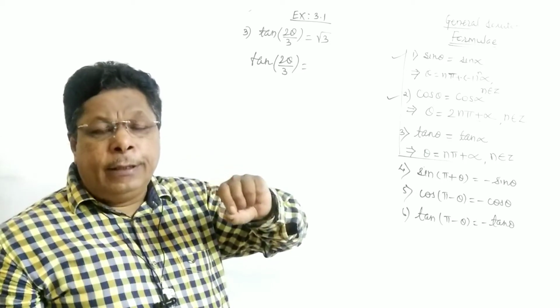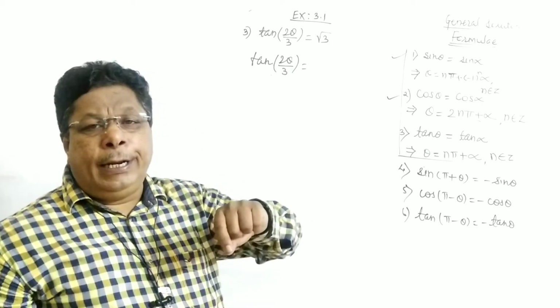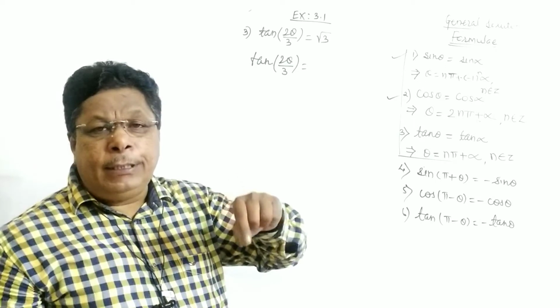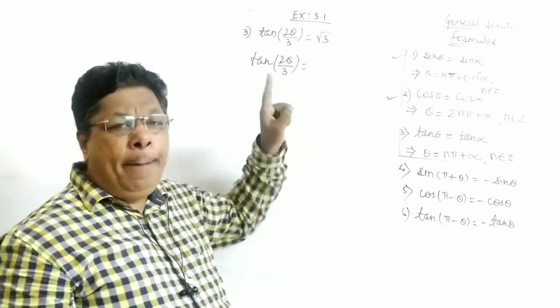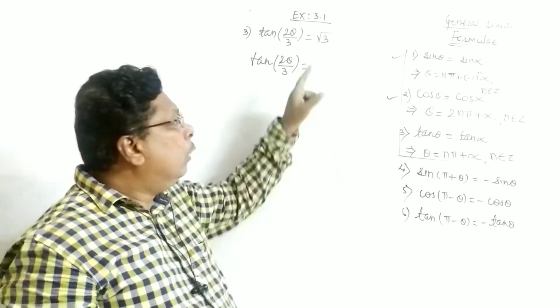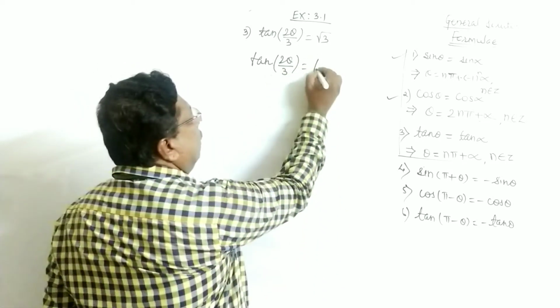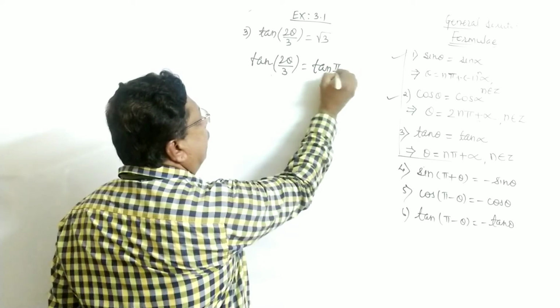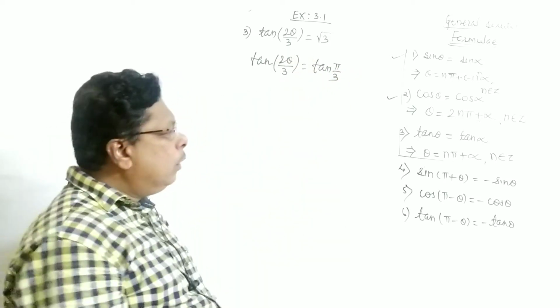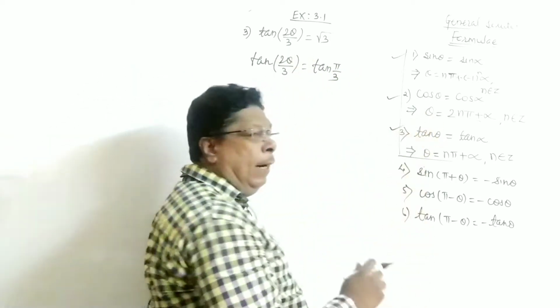We know that tan 60 degree is root 3. 60 degree means pi by 3. Tan pi by 3 equal to root 3. So we replace root 3 by tan pi by 3. Okay, now use the third formula. What is the third formula?